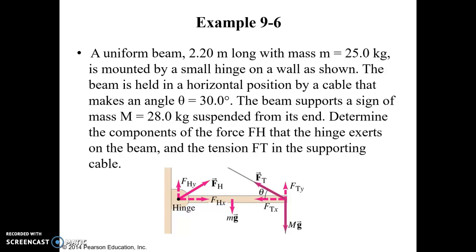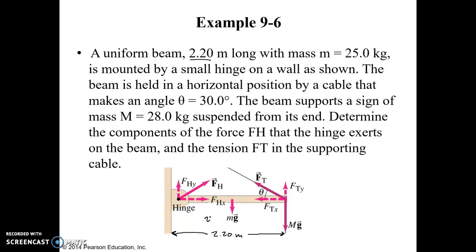So let's start analyzing this in more detail. The beam length here is 2.20 meters. So I'll just draw that in, 2.20 meters from the support to the end of the beam. It has a mass of 25.0 kilograms.